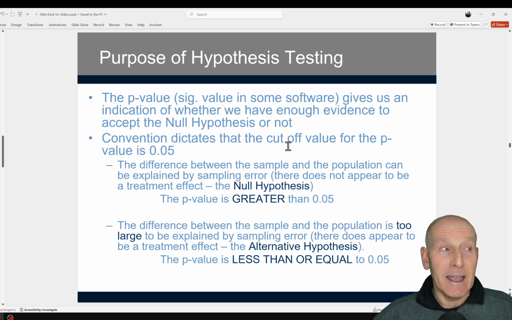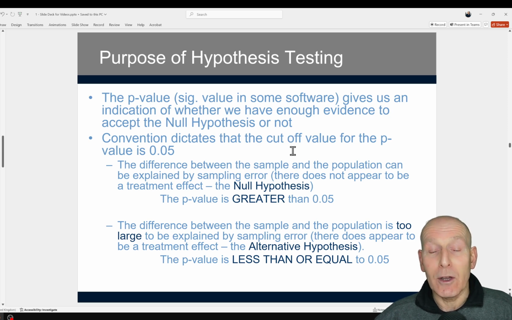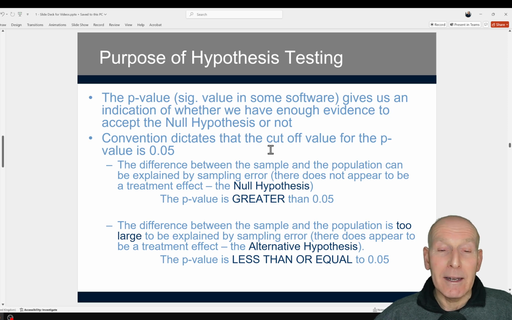Now this again is effectively a convention. The 0.05 is simply a convention, and this I think is what causes a lot of confusion, because effectively it says there is a line in the sand. On one side we accept the null hypothesis, and on the other side we accept effectively an alternative hypothesis.